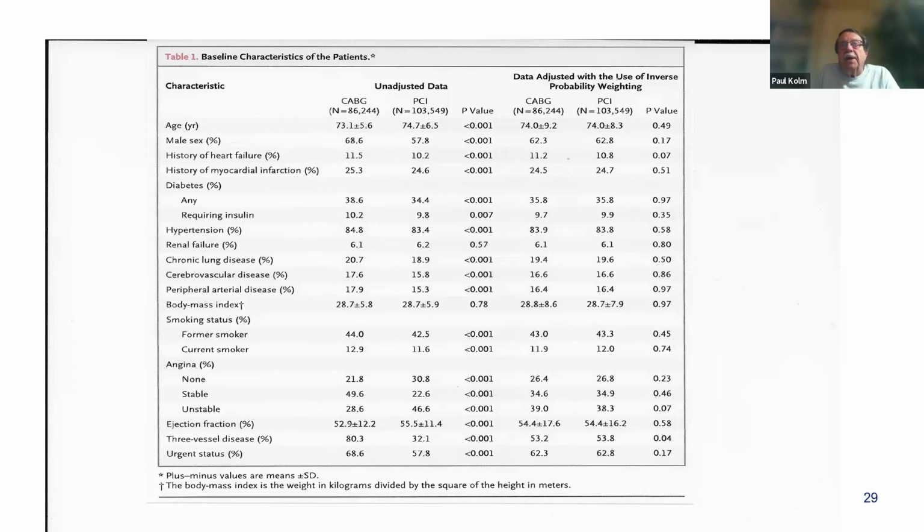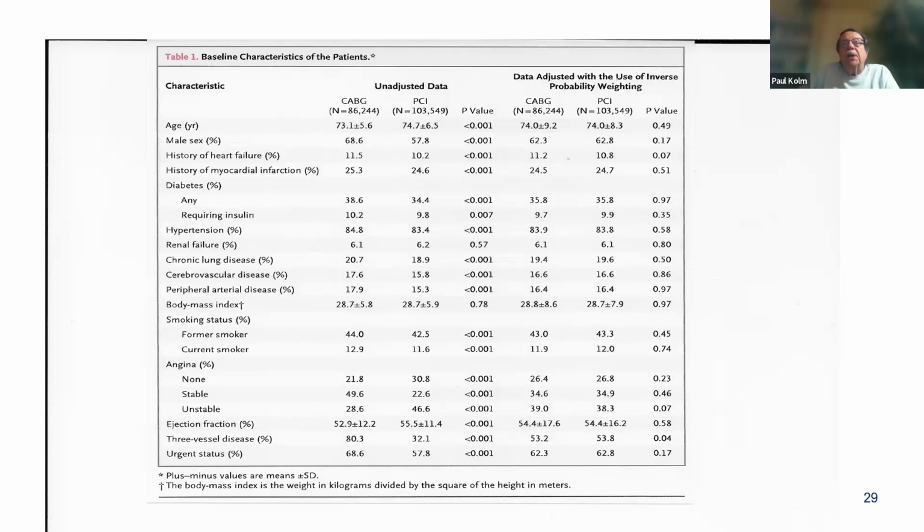What the IPW has done is made the distribution of those characteristics pretty much the same in each group. This nicely illustrates what IPW does, and we're able to use all of the patients in the study.